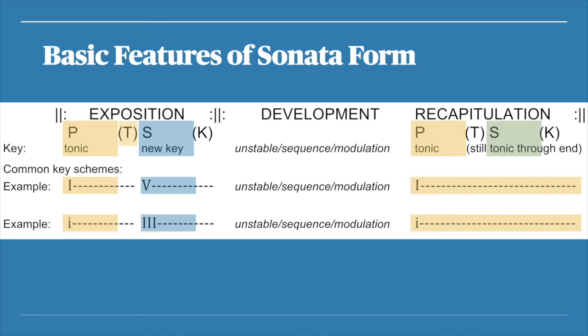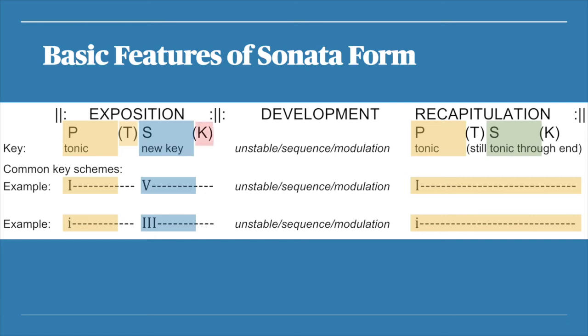Other features to keep in mind about sonata form is that sometimes the primary and secondary themes are bridged with a short transitional theme that just kind of connects the two together.